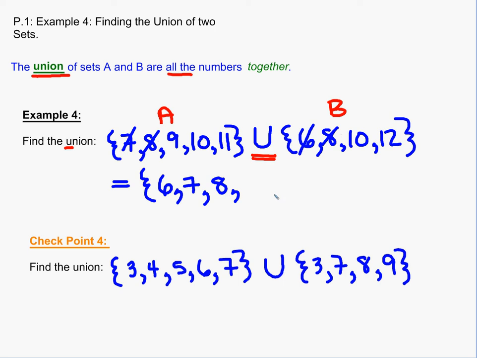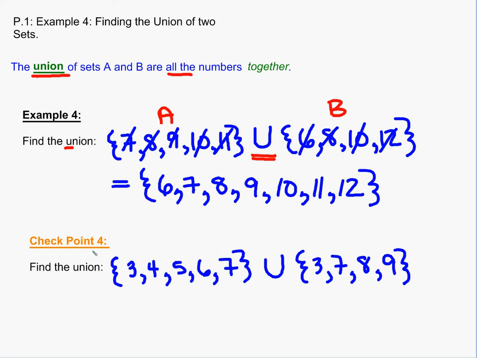Remember, no repeats in the union of sets. 9 comes next. 10 is in both sets. I write it down once, no repeats. Then comes 11, and 12 finishes off my answer. And I finish with a curly brace. There's the answer for Example 4, with no repeats.